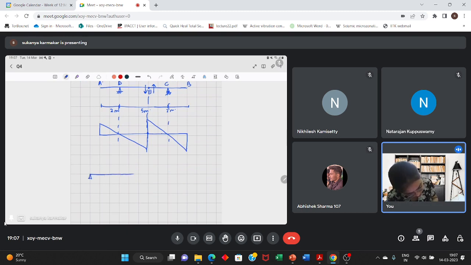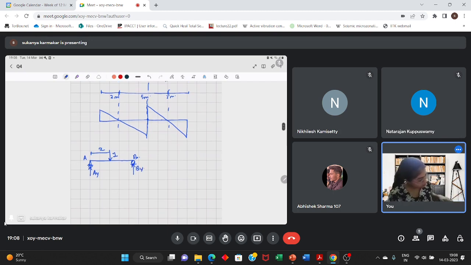See, this is a simply supported beam, and suppose at x distance a unit load is acting. This point is A, this point is B. So let this be AY, let this be BY. Here we know AY is (L minus X) by L and BY is X by L.